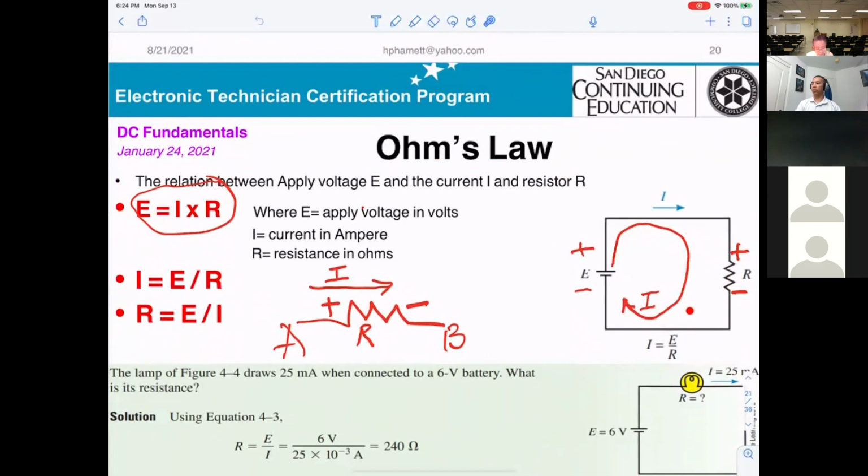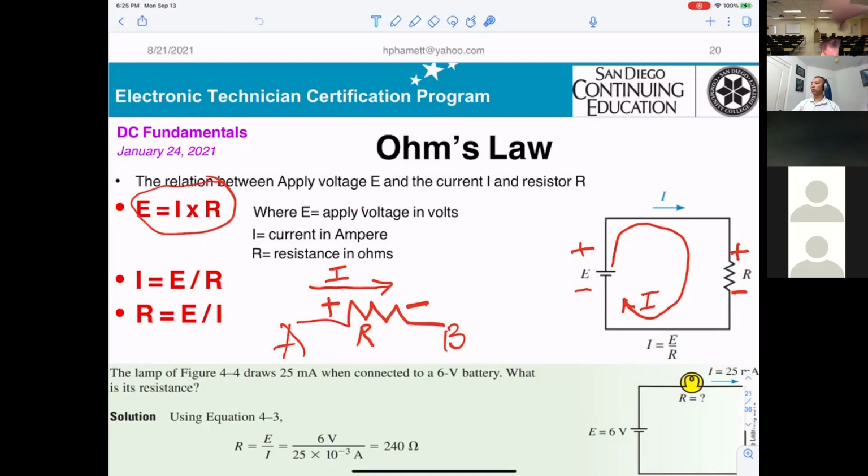So the relation between E, I, and R, that's what we call Ohm's law, E equals I times R. Or you can calculate I equals E divided by R. And also R equals E divided by I.